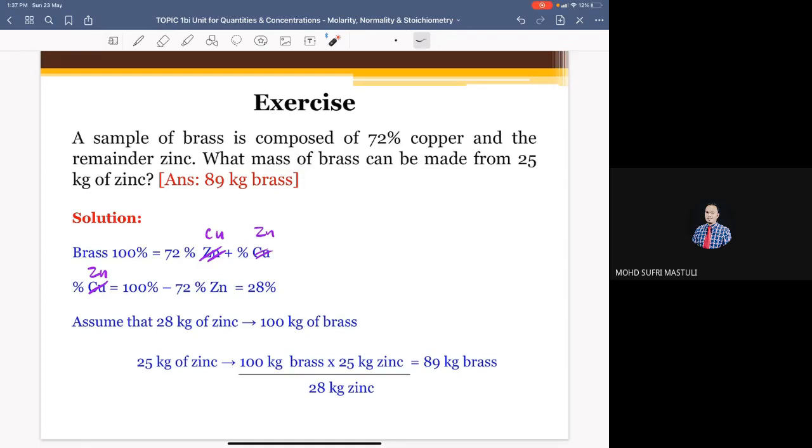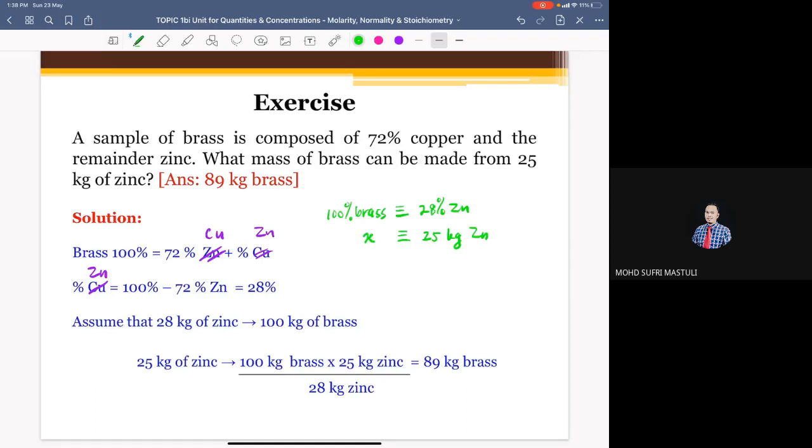So we know in 100% of brass, the brass contains 28% of zinc, and then for 25 kilo of zinc, how much brass?